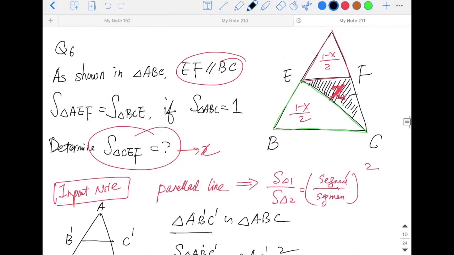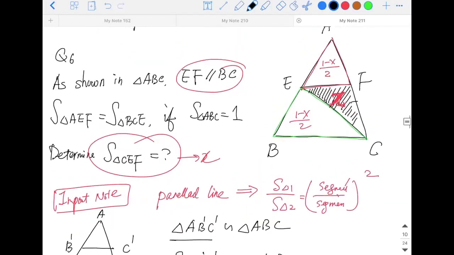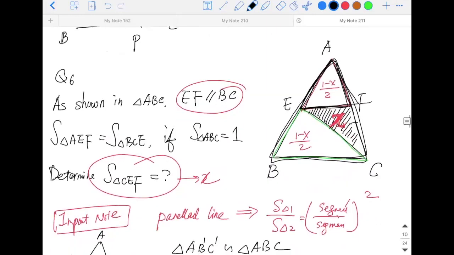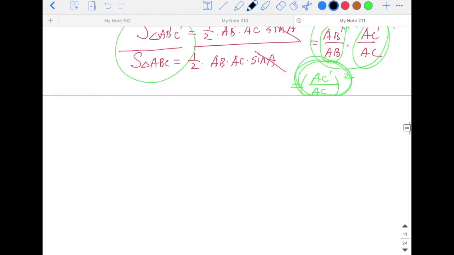That means the triangle AEF, this triangle, and the big triangle ABC are actually similar to each other, right? And the area ratio must be the similarity ratio's perfect square. So I'm going to say it one more time to help you understand.